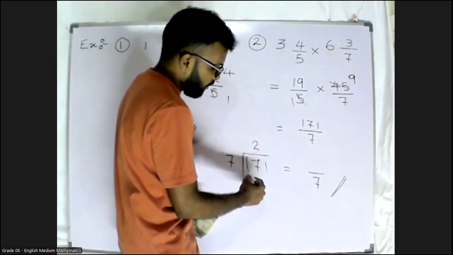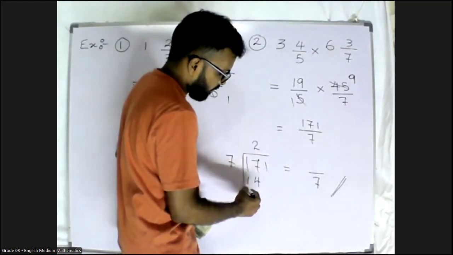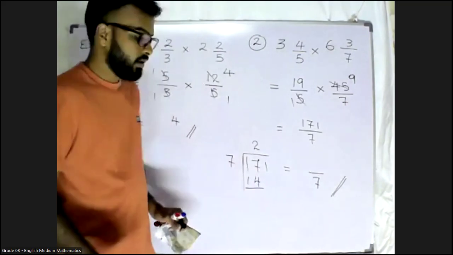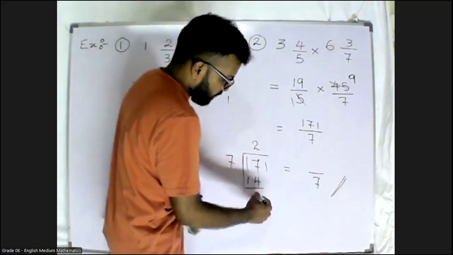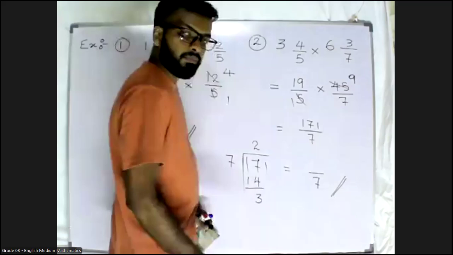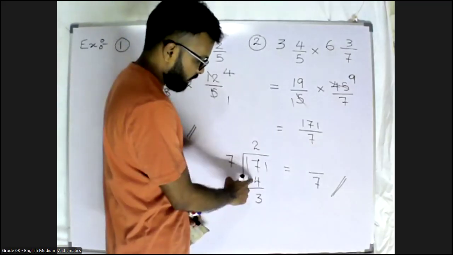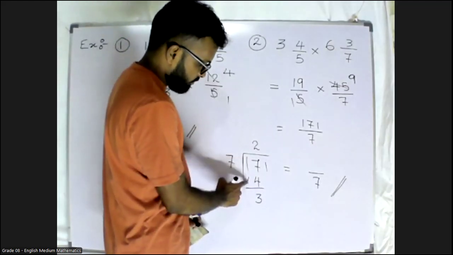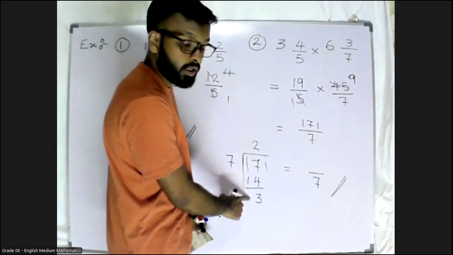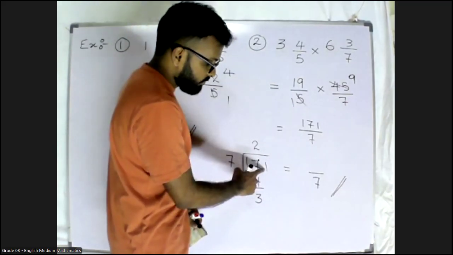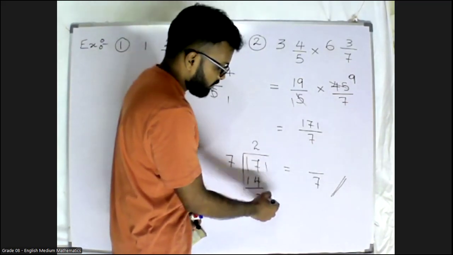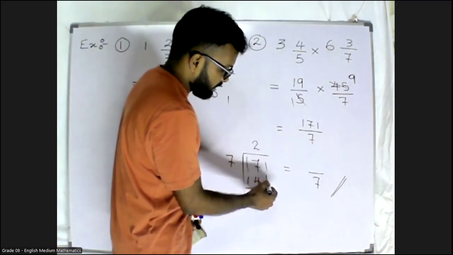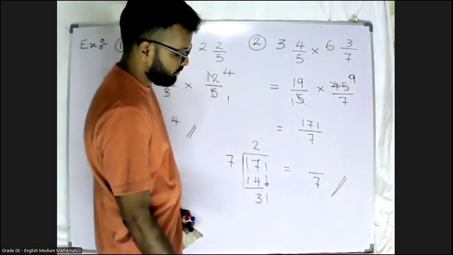7 times 2, 14. 17 minus 14, which is 3. I will take this 1 down.